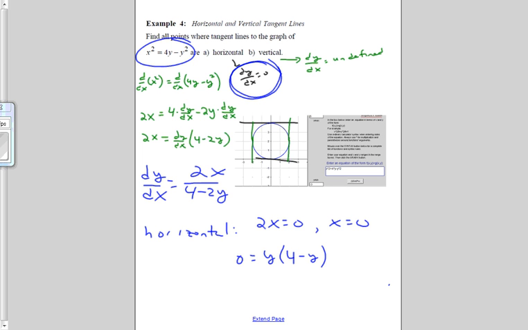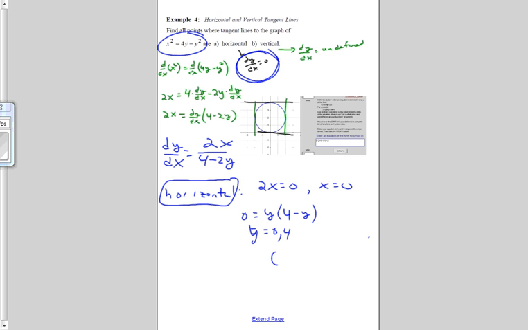So that's going to happen when y equals 0 or 4. So in other words, I'm going to have horizontal tangent lines at (0, 0) and (0, 4).